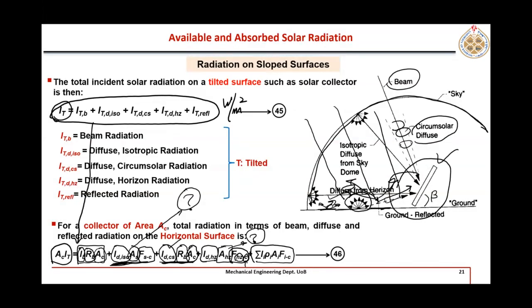So that's why here you see summation of all those different surfaces, the total amount of radiation I which is falling on the ground multiplied by reflectance of all of these surfaces, their individual reflectances, multiplied by areas of those individual surfaces multiplied by view factor from this ith surface to the collector. Okay, so now this completes that equation.